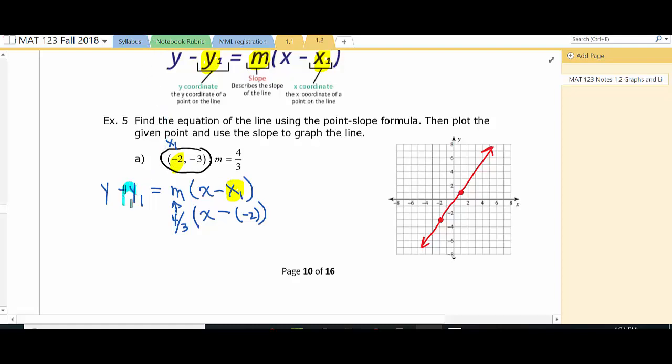Okay, then you're going to plug into y1, you're going to plug in that -3, like this. Okay, so bring down and do exactly what the formula tells you to do. You're going to have y subtract and then -3 equals. Okay, so what we're doing is we're just plugging numbers in like this. The -2 goes there, the -3 goes there, and then the slope goes there. Okay, you with me there?